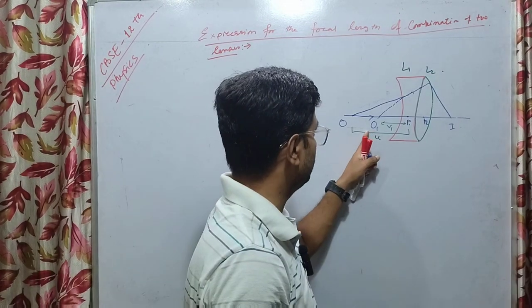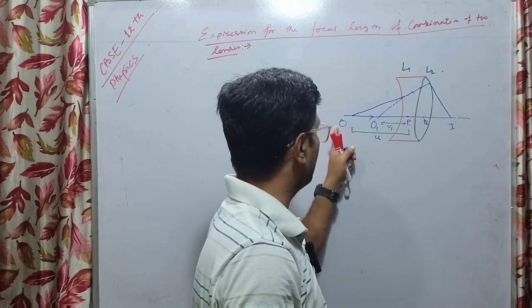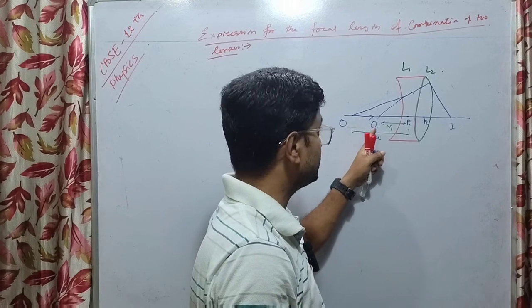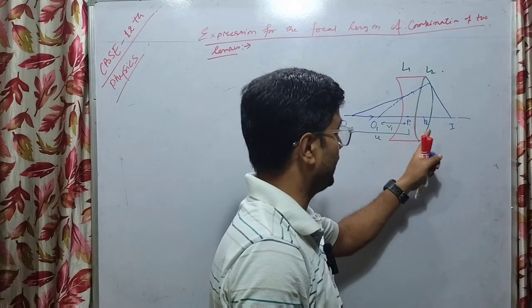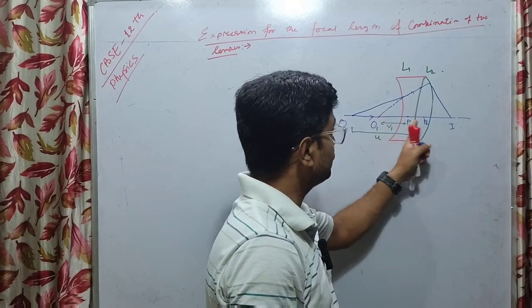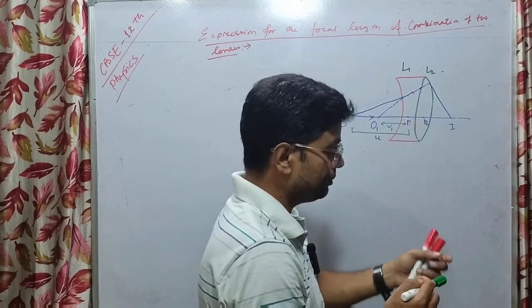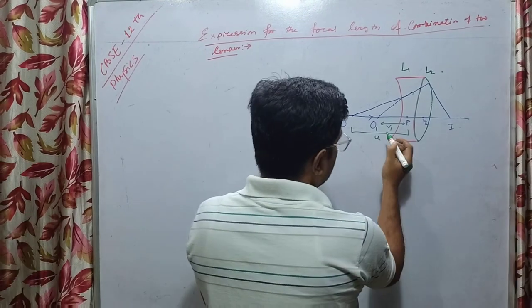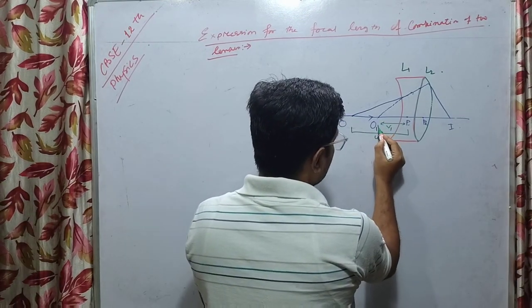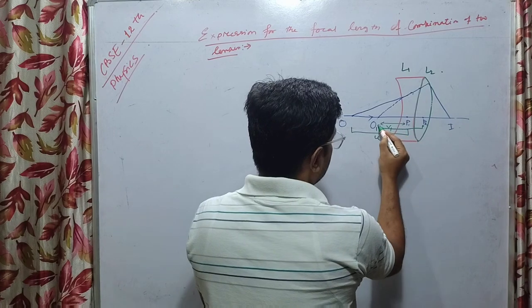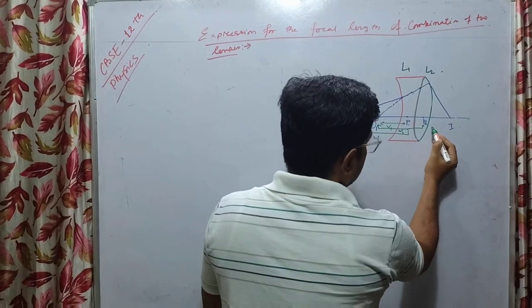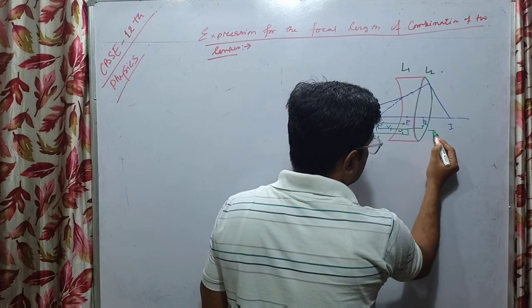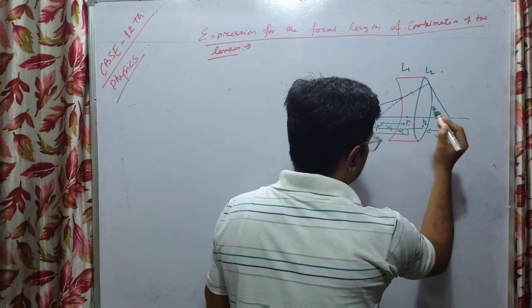This image O1 of O will act as the object for lens 2. It means the object distance for lens 2 will again be V1, right? And image distance for lens 2 is V.